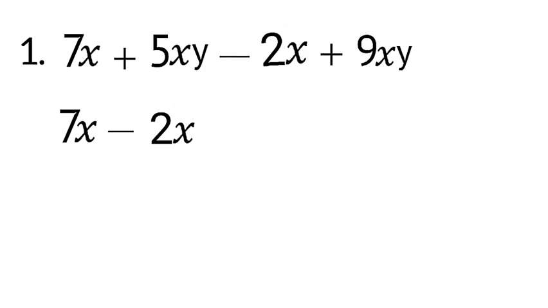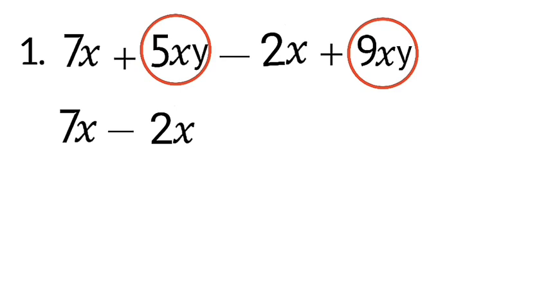It is very important to move the terms along with their operational signs in front of them. The term 2x has a subtraction sign in front of it, so you will move the subtraction sign with the 2x. The next like terms are 5xy and 9xy. They also have the same variables, which are xy, with powers of 1 each.